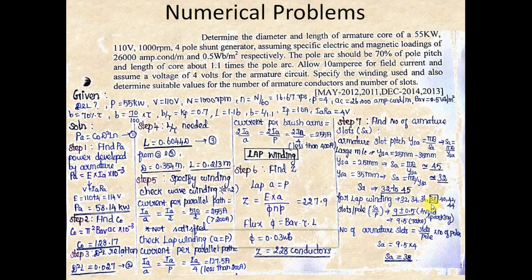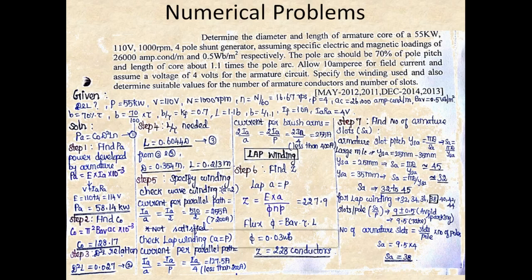If we divide 38 by the number of poles, we get 9 plus half. As this value is in agreement with the guideline which we have just mentioned, that is, the number of slots per pole must be an integer plus half, we can finally fix this as the actual number of armature slots required in this machine. That is, number of armature slots is equal to 38.